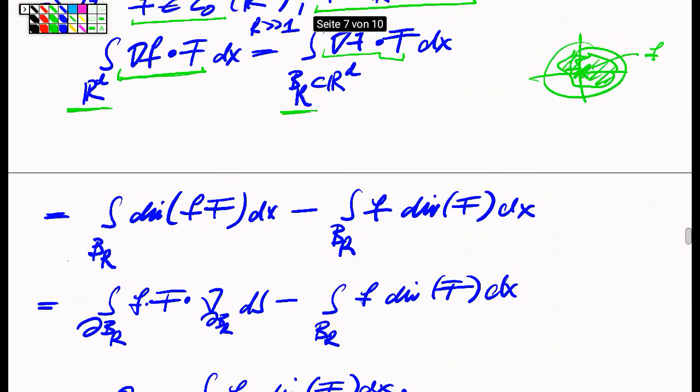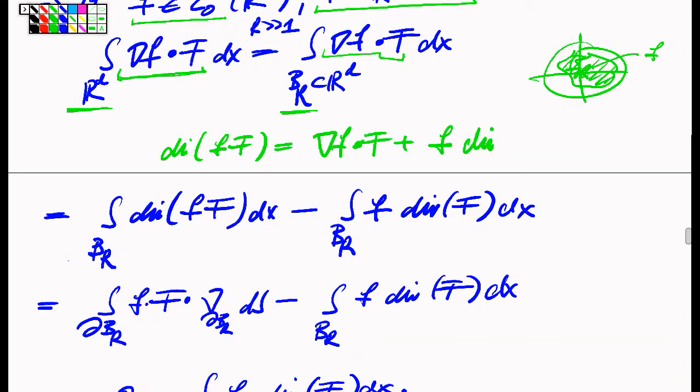but before I do that, I shall interpret this gradient f times F as a divergence of a properly chosen vector field. I use the formula that the divergence of f, a scalar function, times a vector field F, is, through Leibniz rule, grad f inner product with F plus f times the divergence of F. That's Leibniz rule for this divergence operator when the vector field of which I want to compute the divergence is a product of a smooth function with a vector field.